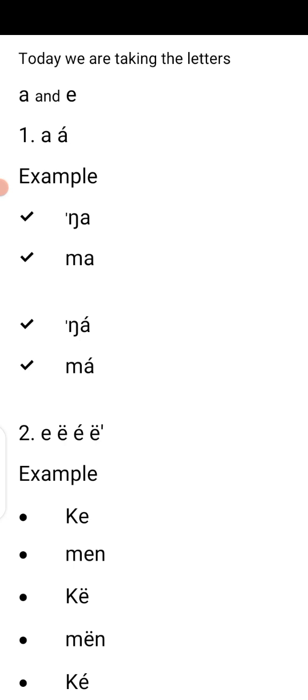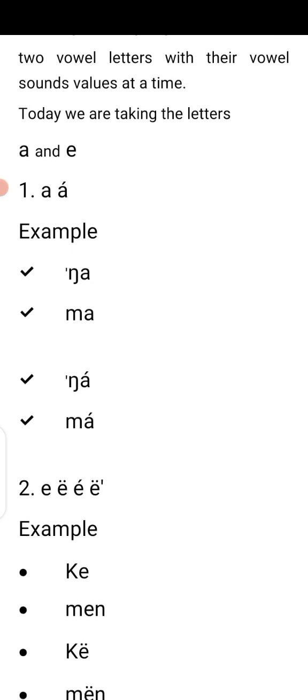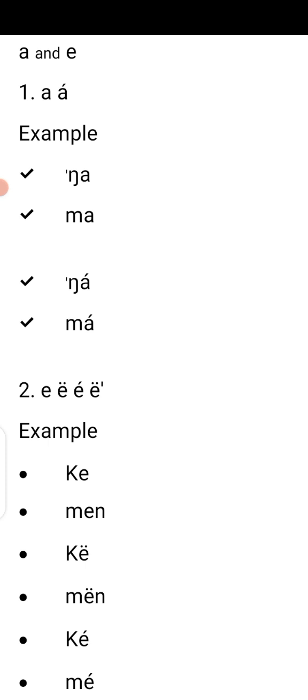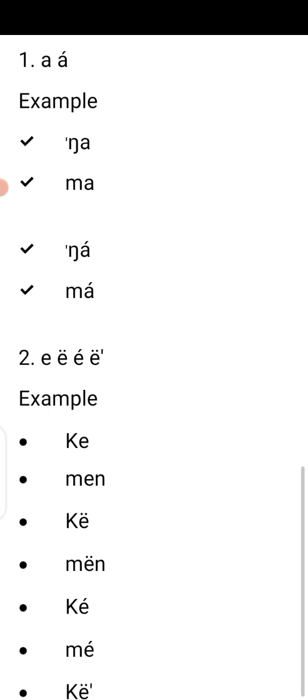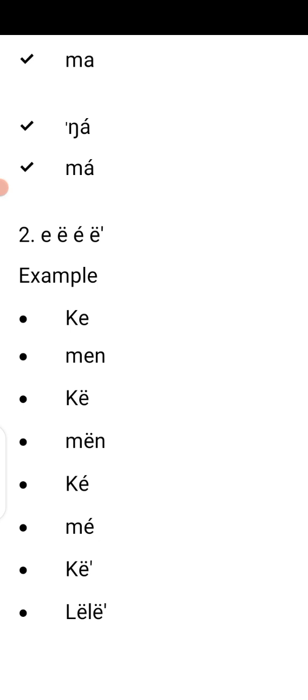So we are supposed to take one letter at a time, but due to the fact that the letter A only has one sister sound, we have decided to add the letter A, which has the sound A. So the sound A has three other sounds.